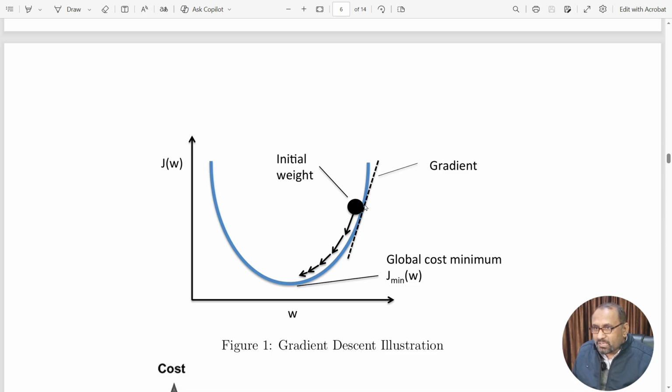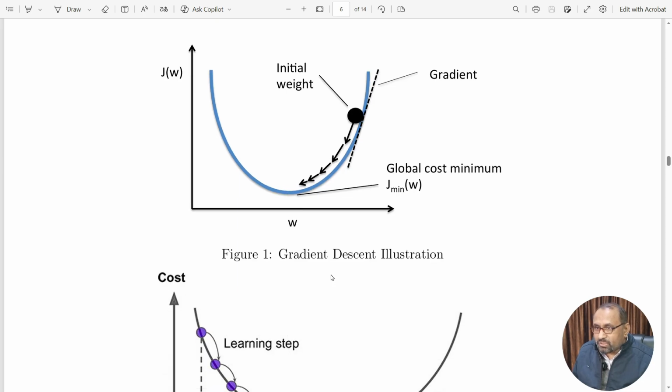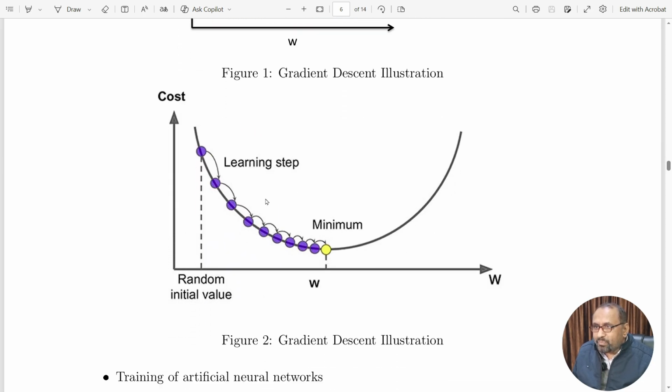Okay, so the initial weight is at this point, and at this point, when it moves, this will be the lowest cost. The learning steps will be taken very small, as you can see. The more we take small steps, that is the learning rate.